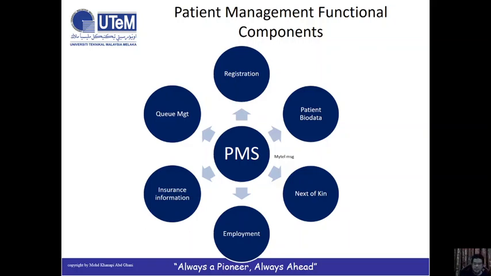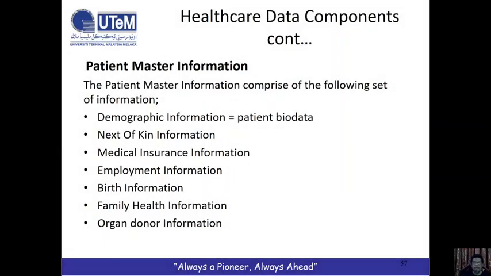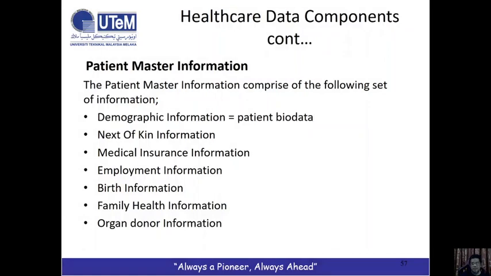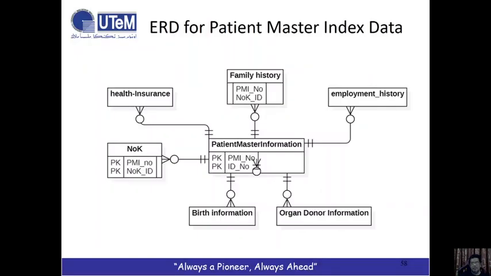And then next you go to the list of entities involved in the PMS, and then you go to the ERD, and you start to model the entity relationship diagram for the patient master index or patient master information. So these are the steps that you need to know.